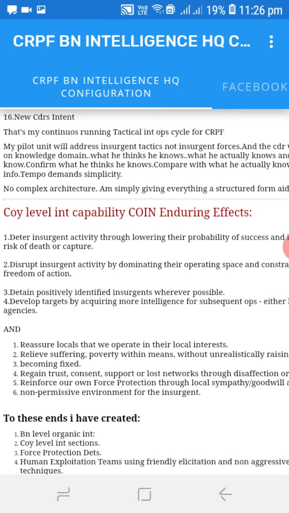Again, that int operations dynamic, which I was saying, int drives operations, operations lead to intelligence, again int drives operations, a continuous process. The battle should go on and on, should not stop. The pressure should be built upon the insurgents. It should be harassing operations, not killing operations.